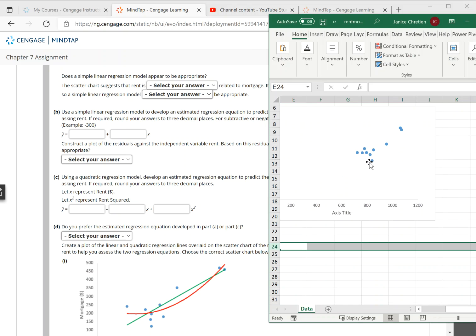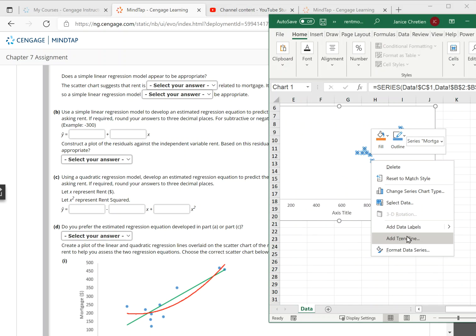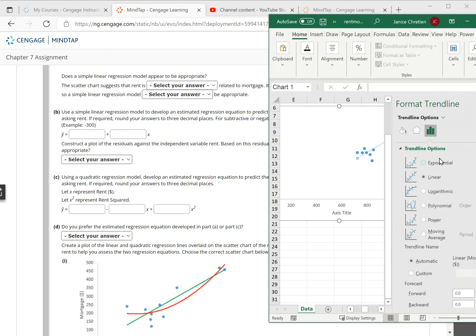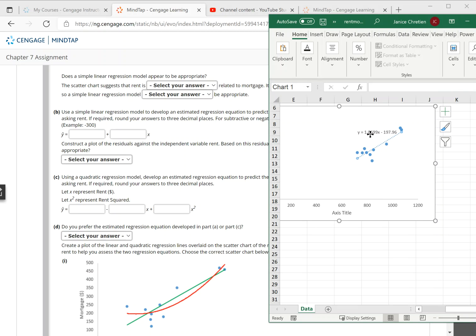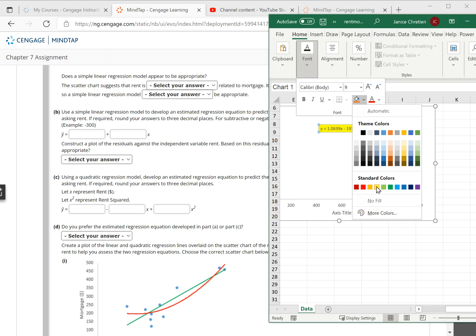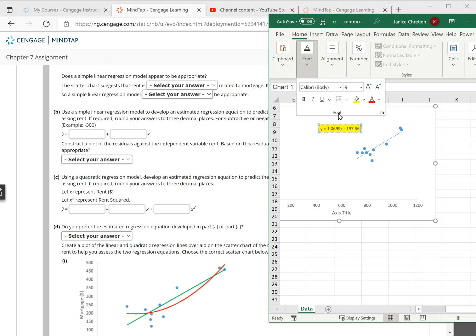So we can right click on a value, add trend line, regression, and linear, give us the equation, and then we have that equation. Oh, no, we can't do that. Oh, we can up here. Okay. And then it wants to make sure that we round our decimals to 3.